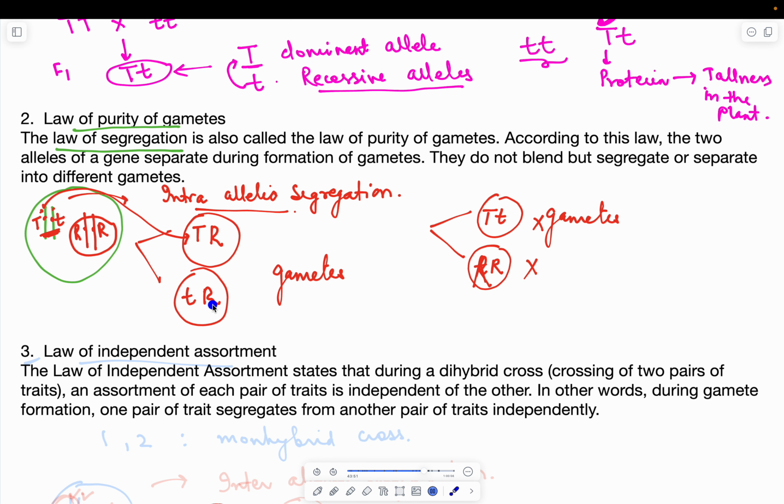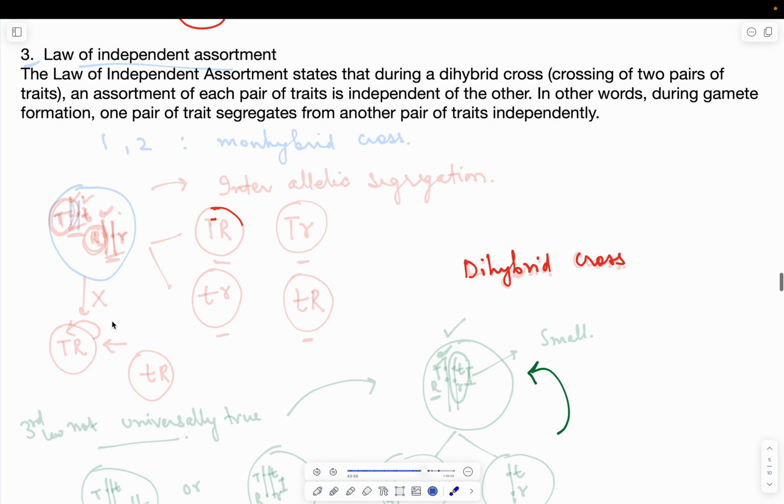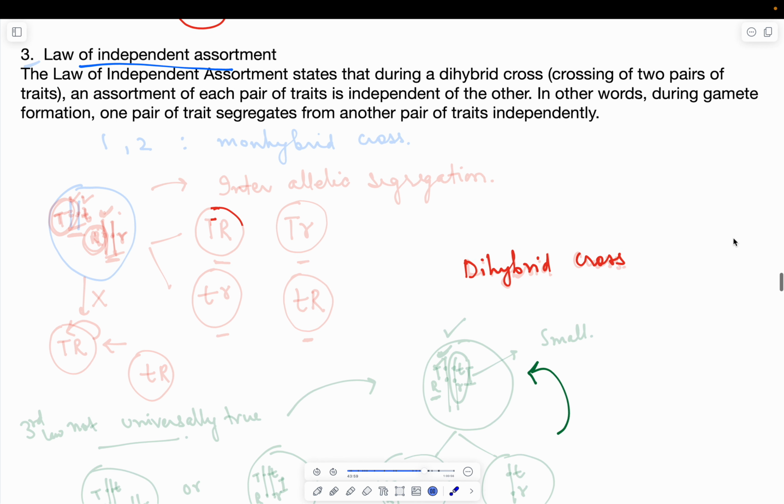The third is the law of independent assortment. The first and second laws were deduced on the basis of the monohybrid cross. Now this is the third law. Again we will see how the homologous pairs segregate during gamete formation.